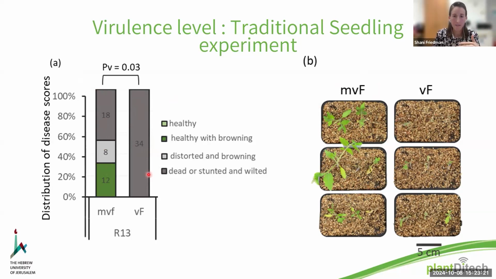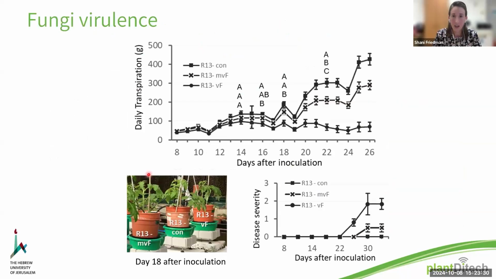Anyway, I want to have something more field-like environment with big pots, with fertilizer, with sunlight. So I went to the PlantArray system. Using the PlantArray system, you can see that in greenhouse conditions, after 18 days, the plants still look fine.